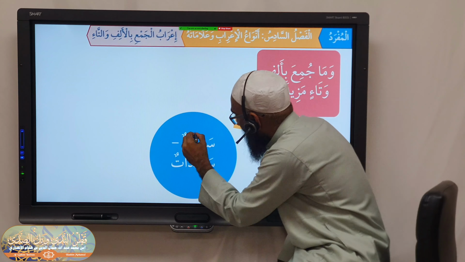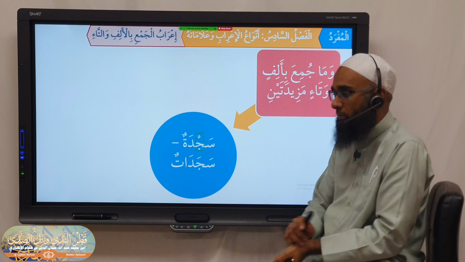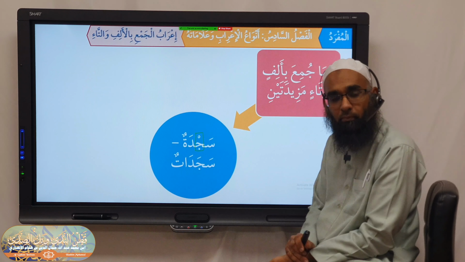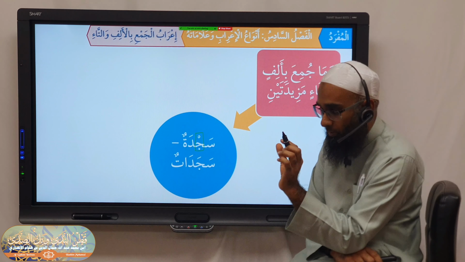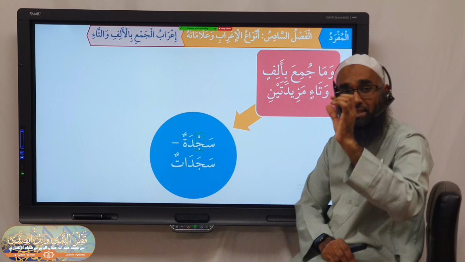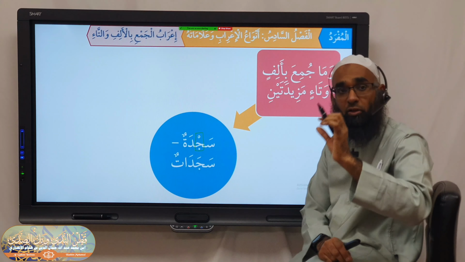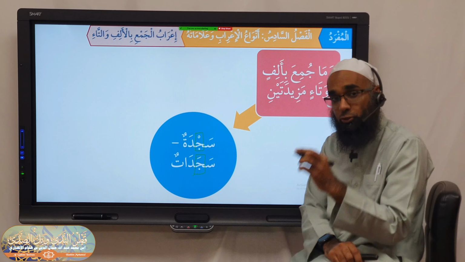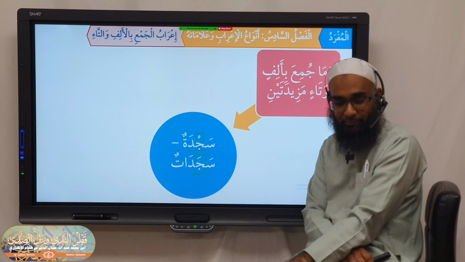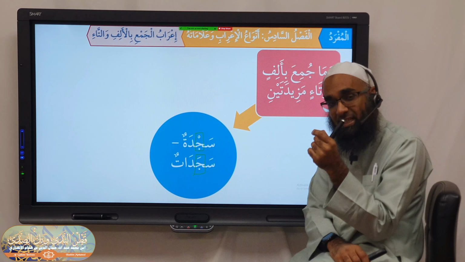What does this Jim have on it? Fatha or Sukoon? A Sukoon. Yes? And Salim means the singular form does not undergo any change or breakage. What does the plural form have? Fatha. So has the singular form changed? So is this technically speaking Salim?